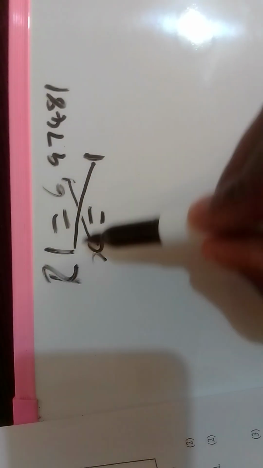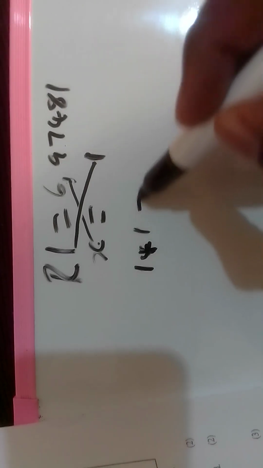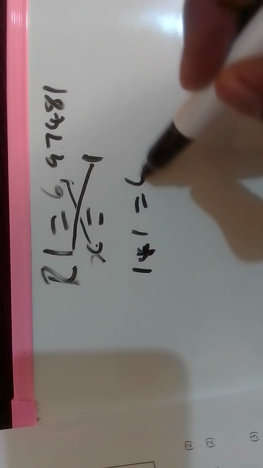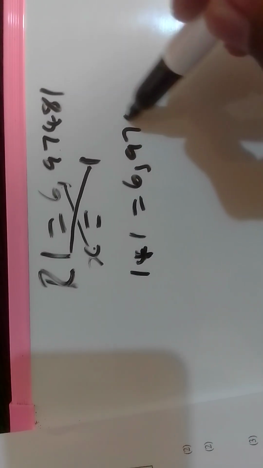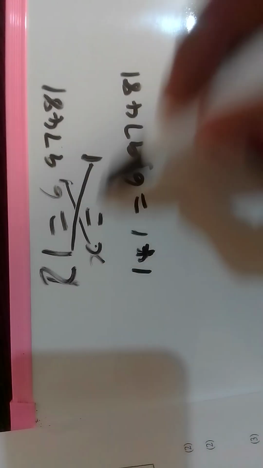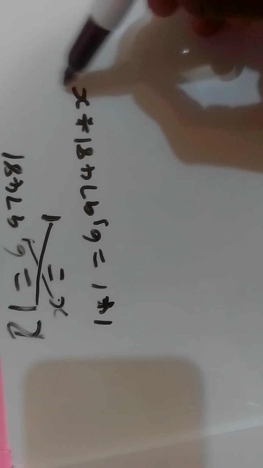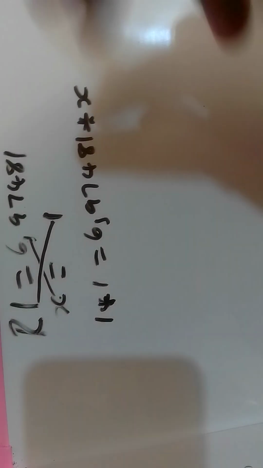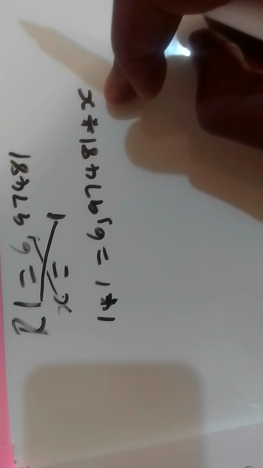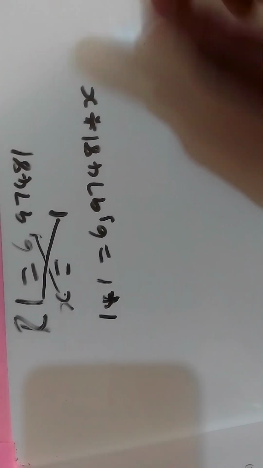We are saying this X will multiply with this 6.97481, and this one will multiply with this one. So when I say 1 times 1 is equal to 6.97481 times X. Remember, X is representing the money that 1 Russian ruble is going to buy.